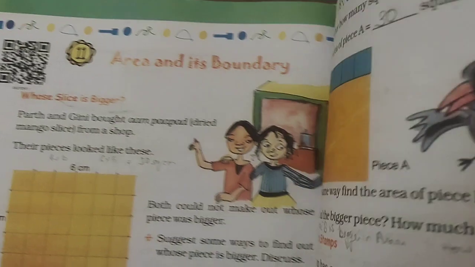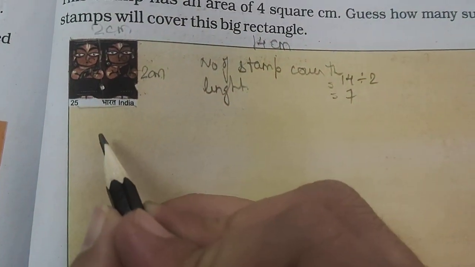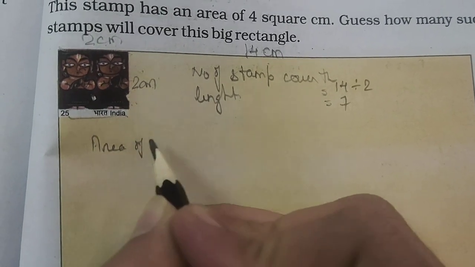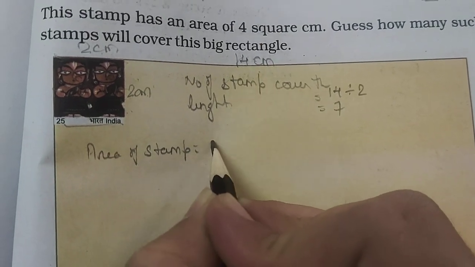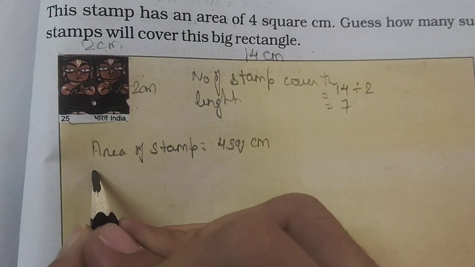So now we will see that. First of all we write down the area of stamp is equal to 4 square centimeter.